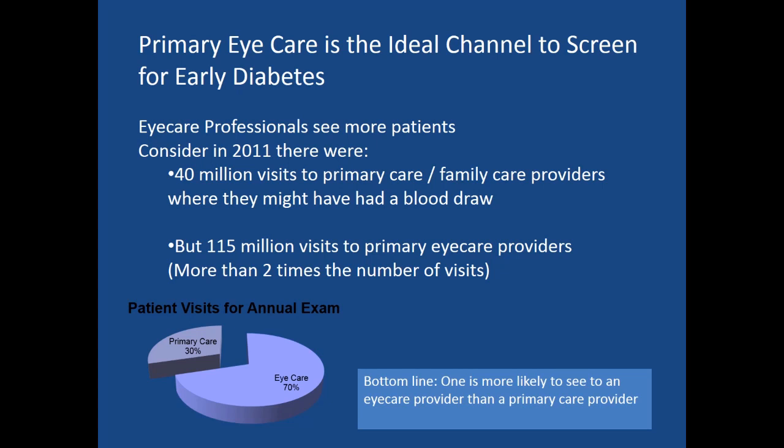So we're seeing almost about 2.5 times the amount of patients that would go to primary care. There's 177 million people in the U.S. that wear some kind of vision correction. So a lot of people are getting their eyes examined. So it's very important that we understand how to do these blood tests because we could help a lot of people. And more optometrists are doing blood tests at this point.